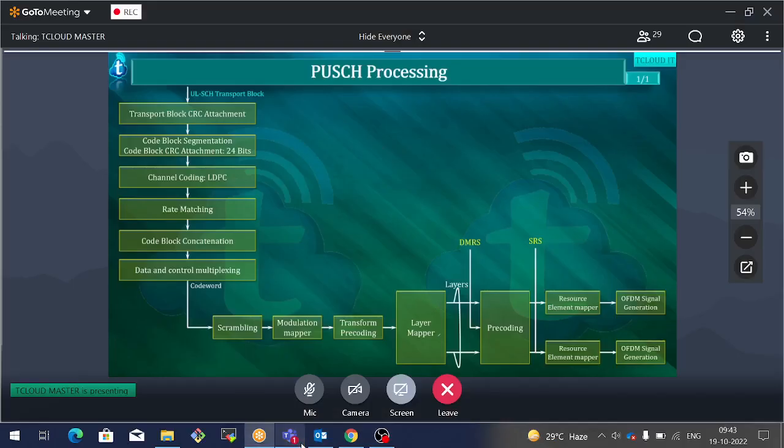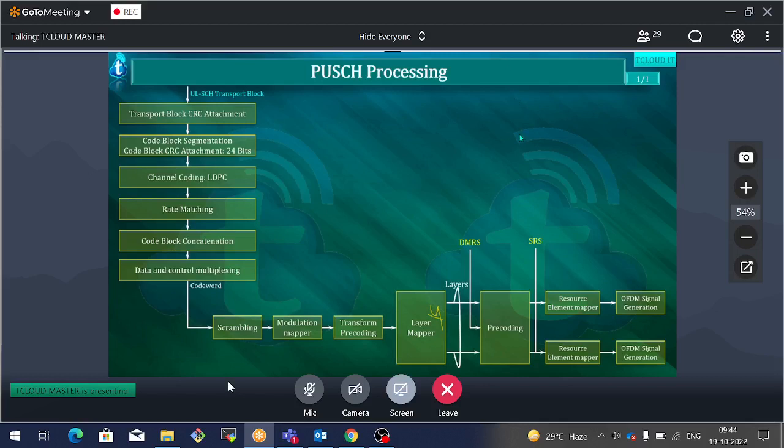But layers, you can map it to up to 4 layers for uplink operation. You remember in downlink we had two code words and up to 8 layers we could create. But in uplink, we can have up to 4 layers.